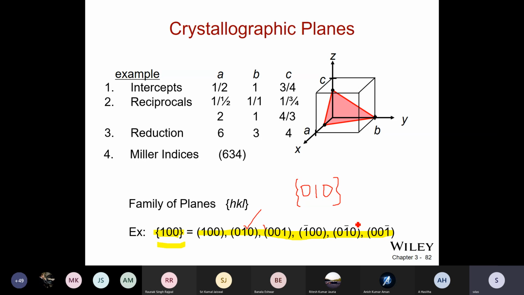One zero zero is the front plane. Bar 100 is also matching for tetragonal.